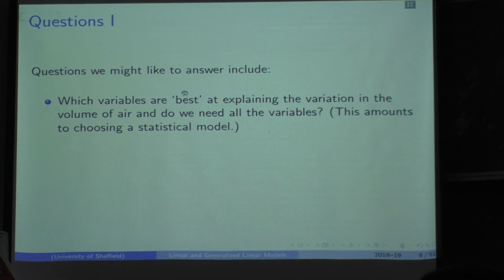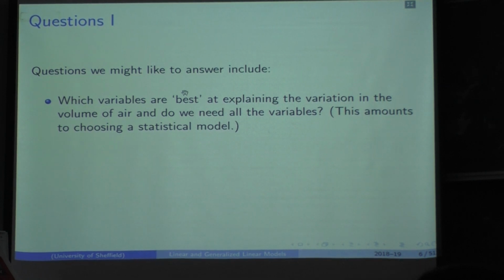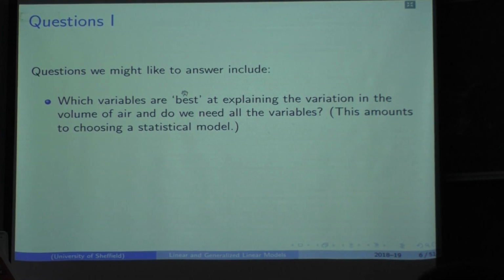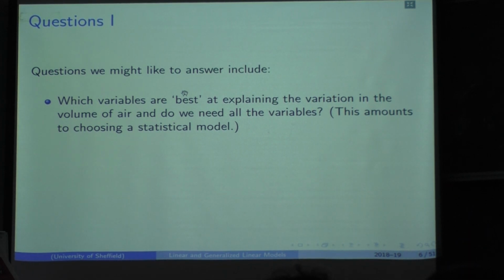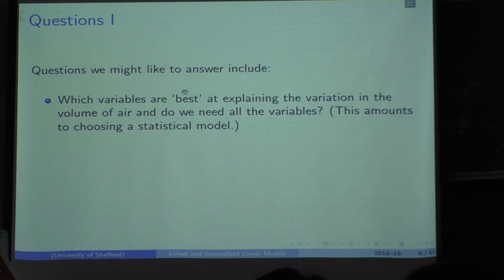Okay, so there are various questions that we might like to ask when we have this sort of situation. So one question is, do we actually need all 7 of our potential explanatory variables to give a good prediction of the response variable, the volume of air expelled? So we could ask, which of those 7 variables are best at predicting the volume of air expelled, or another way of thinking about it, explaining the variation in the volume of air expelled.